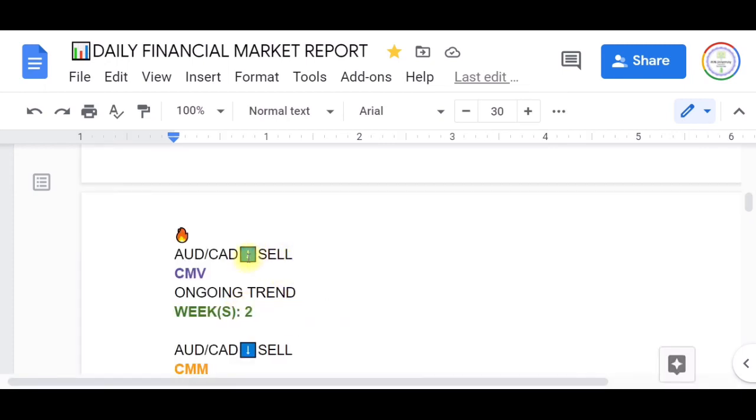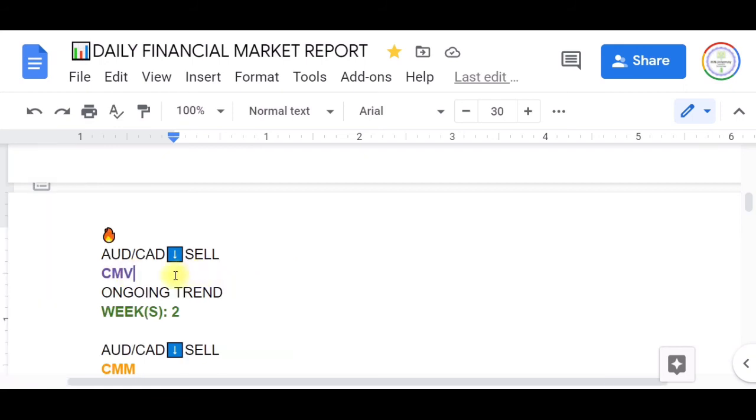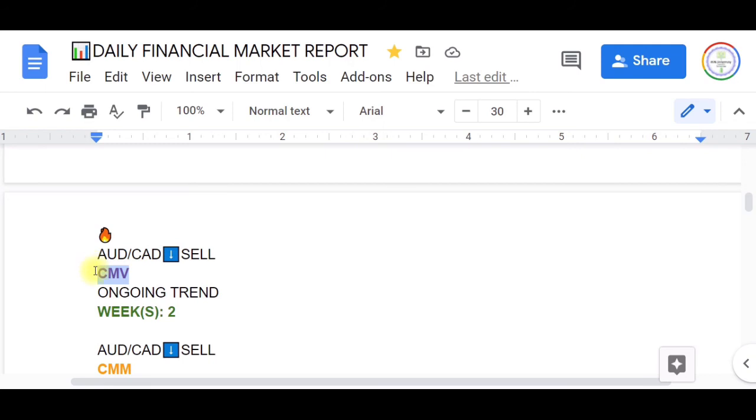We can see that the arrow here is pointing downward, but we also see another indicator here that this is a current market value, the long-term aspect of our strategy. I'll talk more about what it represents. Right now, just a quick little summary overview.